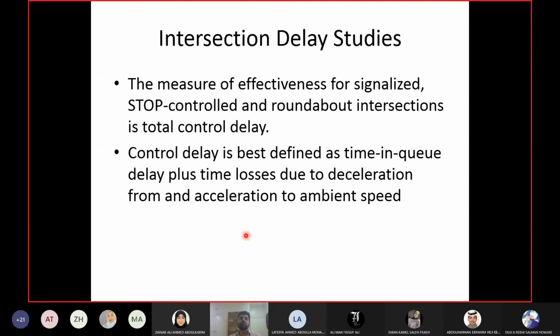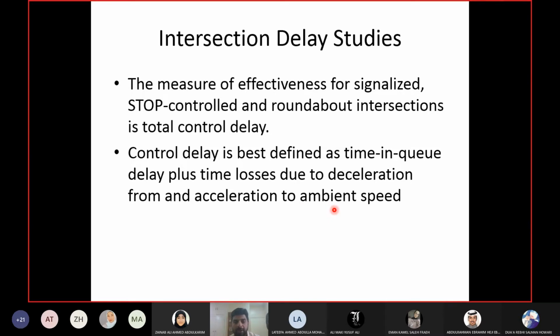So the queue delay starts when you start to decelerate, continues when you join the queue, and continues until you accelerate, when the queue starts to move and you leave the queue and go back to the ambient speed. Ambient means normal, average: the normal speed of the road.